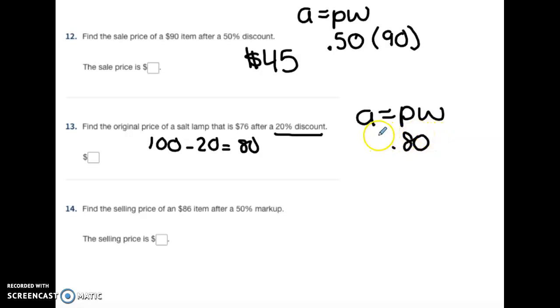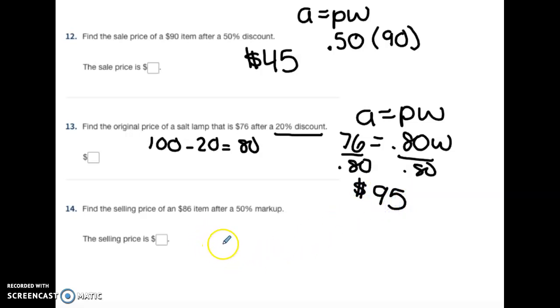We want to find the original price, so we're looking for the whole. So $76 is the discounted price, that's your part. Divide by 0.80 on both sides. 76 divided by 0.80 is $95. The original price was $95.